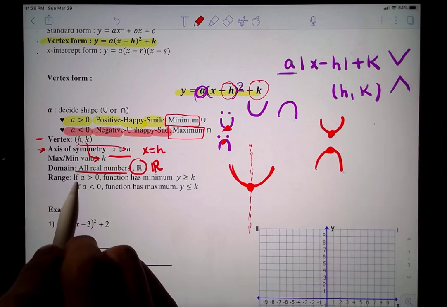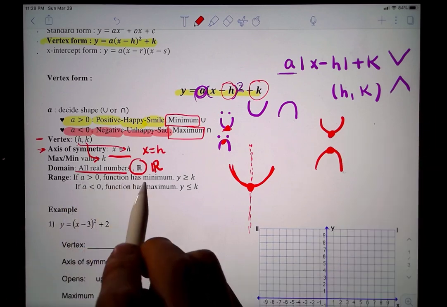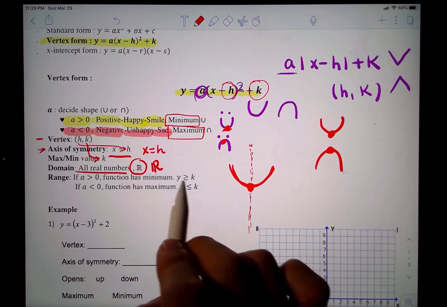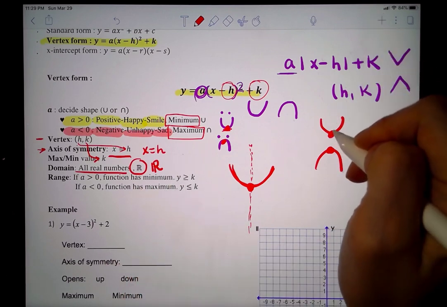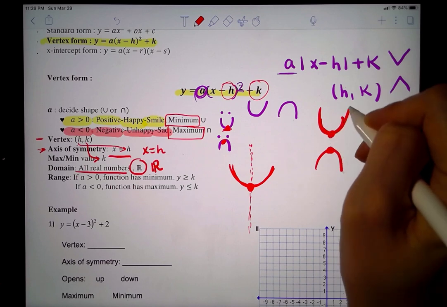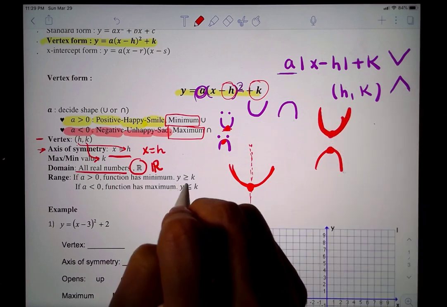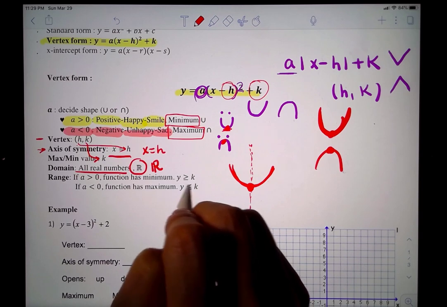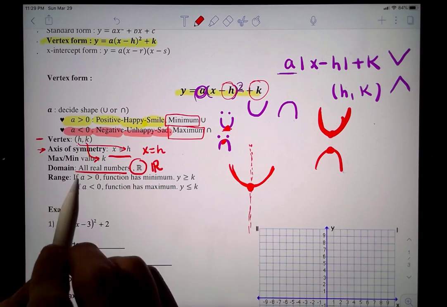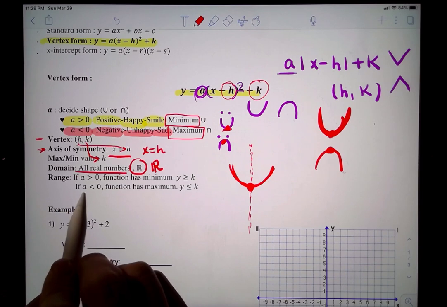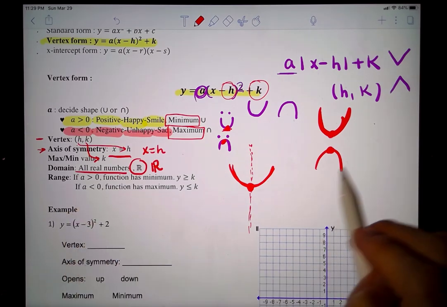So if a is greater than 0, the function has a minimum. So all other y values, look at this. From the minimum, all other values are greater than or equal to your minimum. So y is greater than or equal to k. That's the range. And then your range for this, when a is less than 0, then you get a sad face, opens down.